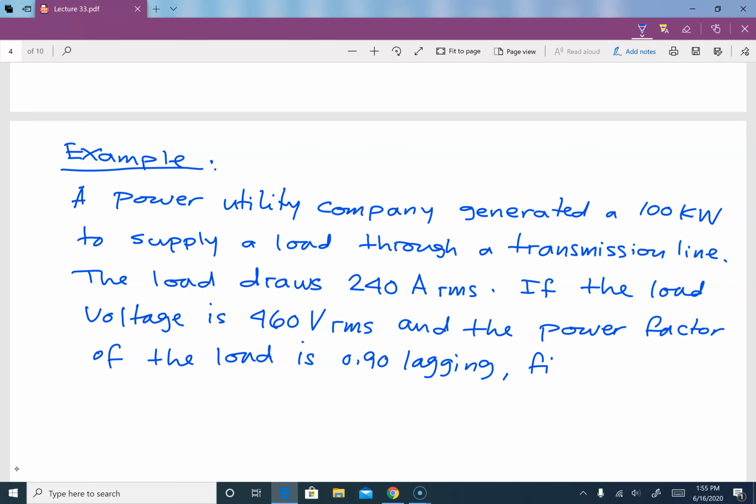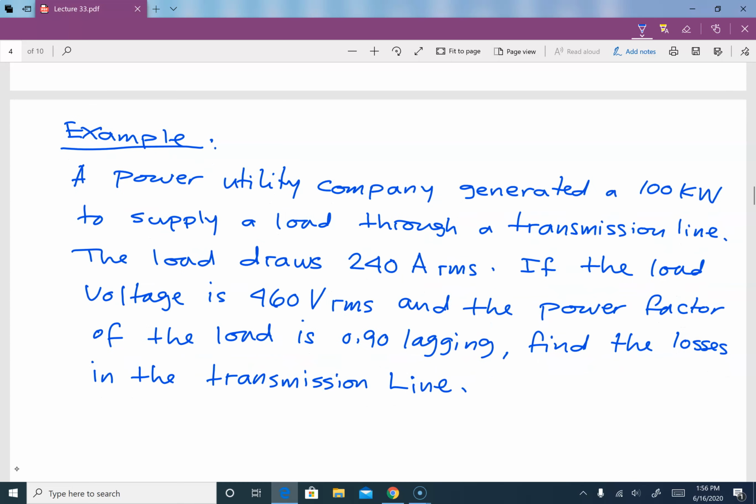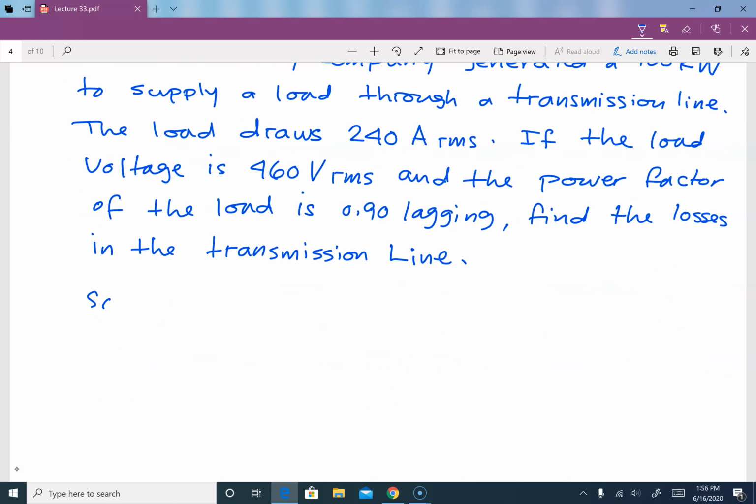Find the losses in the transmission line. Solution.